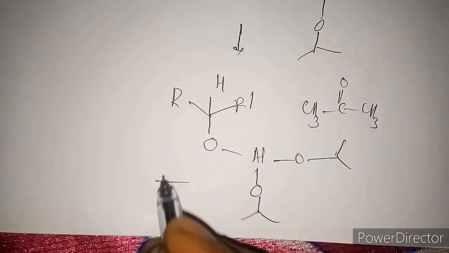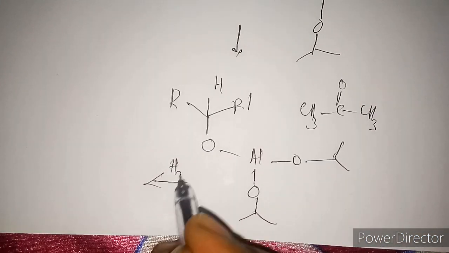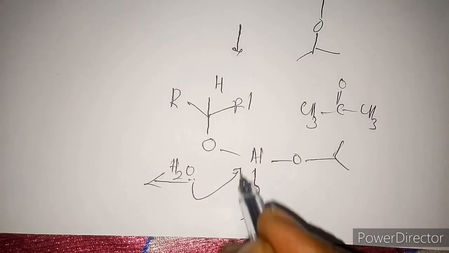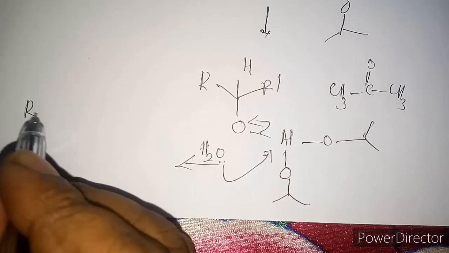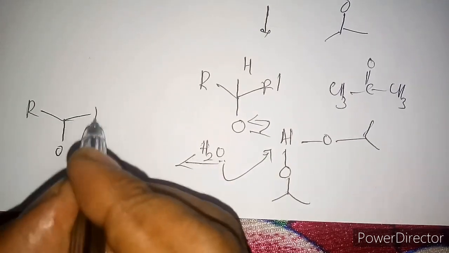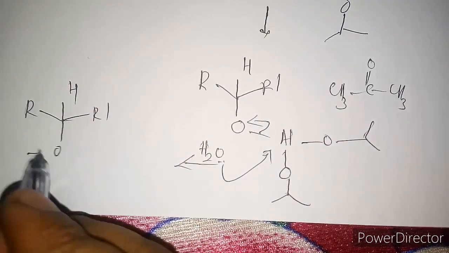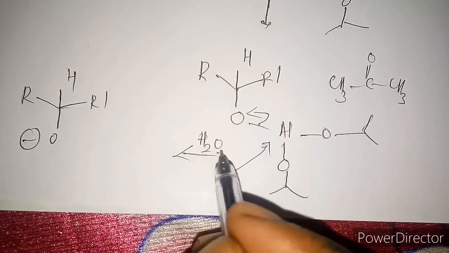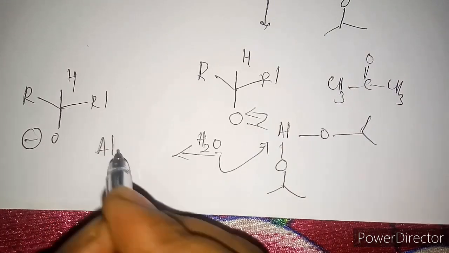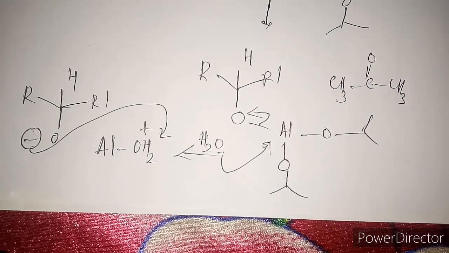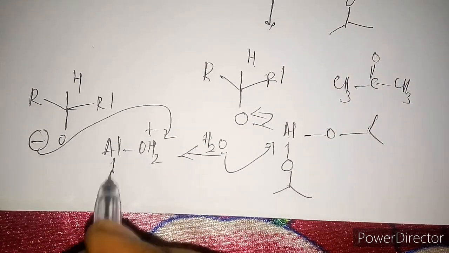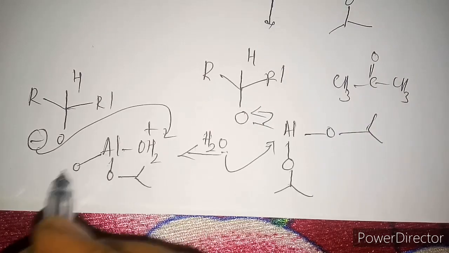Now this will undergo a hydrolysis reaction, so water attaches to aluminum and this breaks down, so we get R' H minus. Now the water is attached to aluminum, OH2 plus, and the minus takes a proton from the water, and the remaining unit stays as it is.